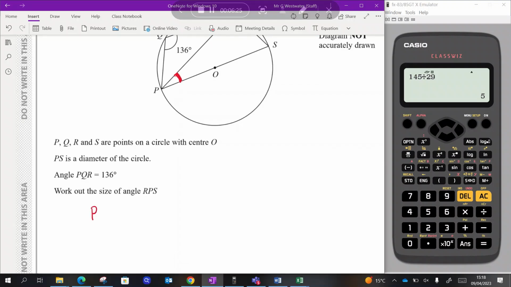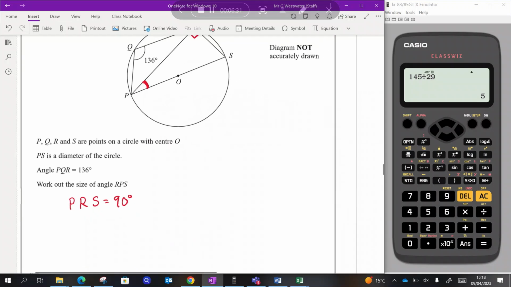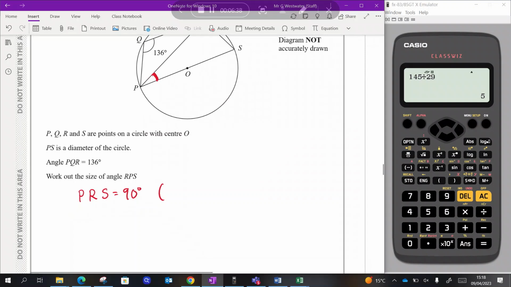So I'm going to just write this out quickly. PRS is 90 degrees. Now, sometimes you have to give reasons. In this particular case you don't, because it doesn't say give a reason, but I'm going to anyway, just because it's a good habit.